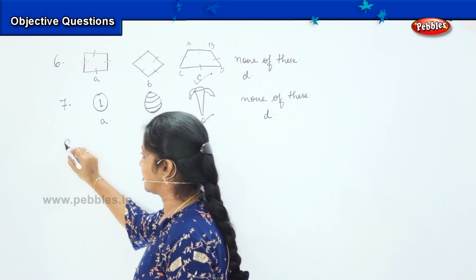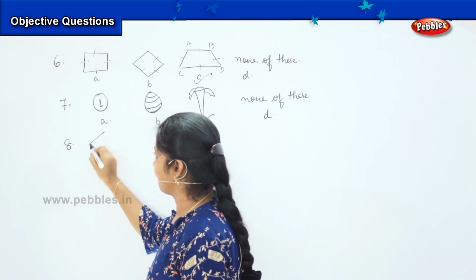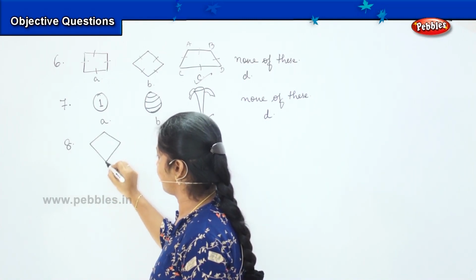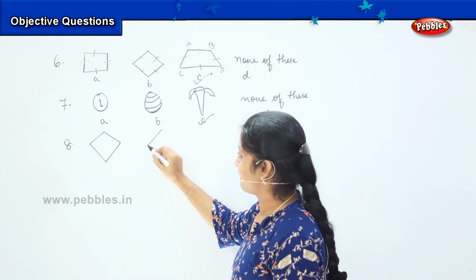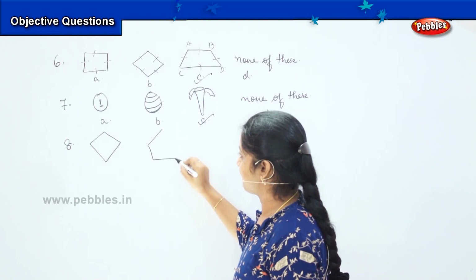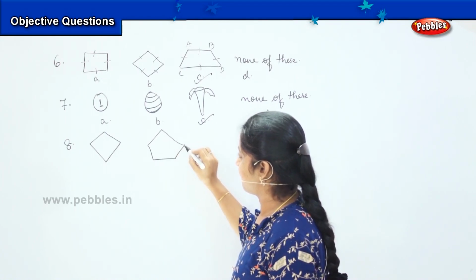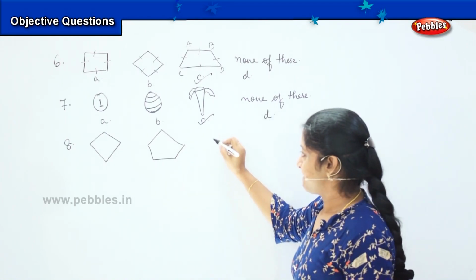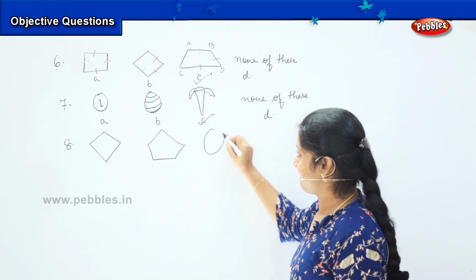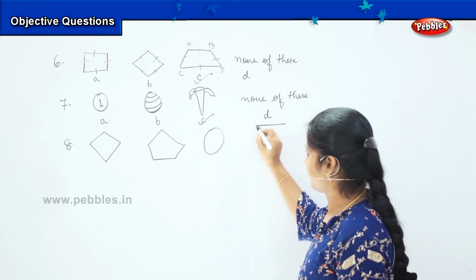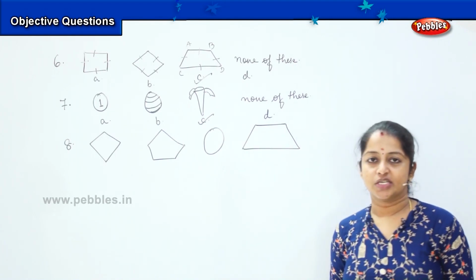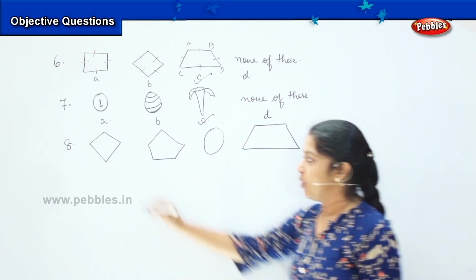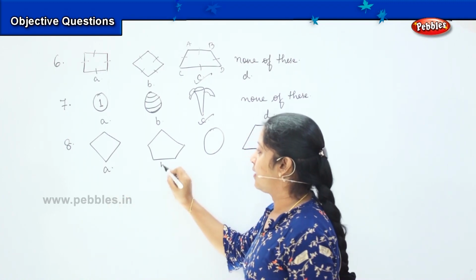Here is your next question. Now, in this question, you have to identify which is the odd one out.